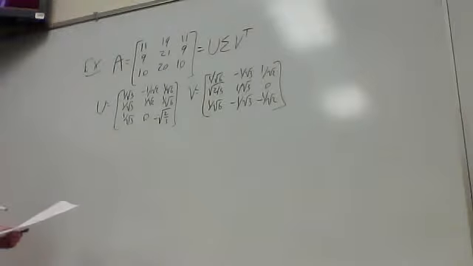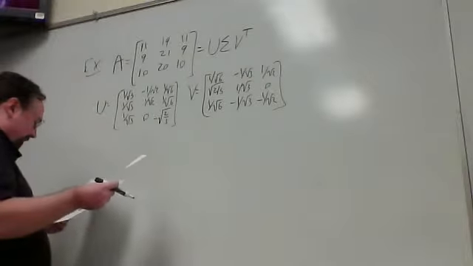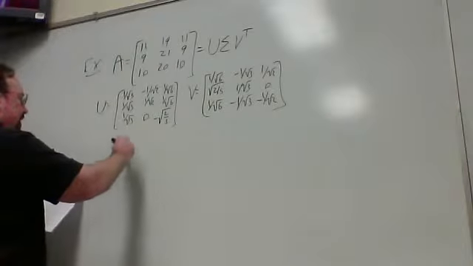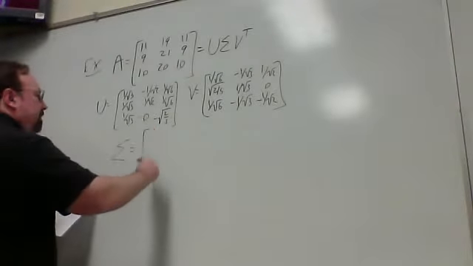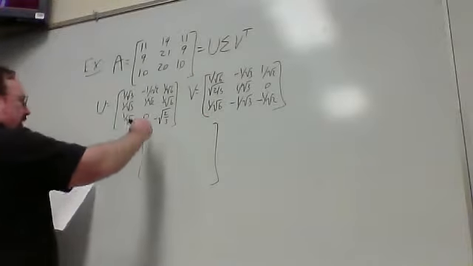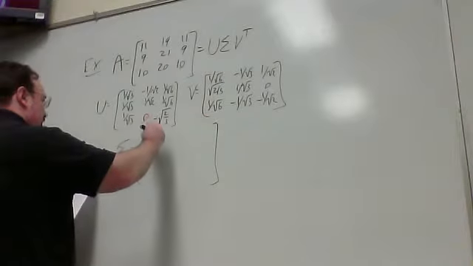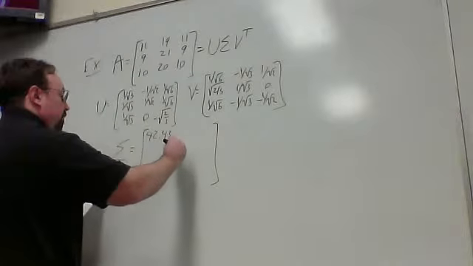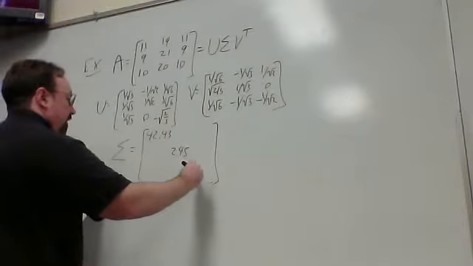Now, the matrix that's most interesting to us is, I'm not sure why I called it S in the notes, it ought to be sigma. So the largest singular value is roughly 42.43, and then 2.45, and then 0.